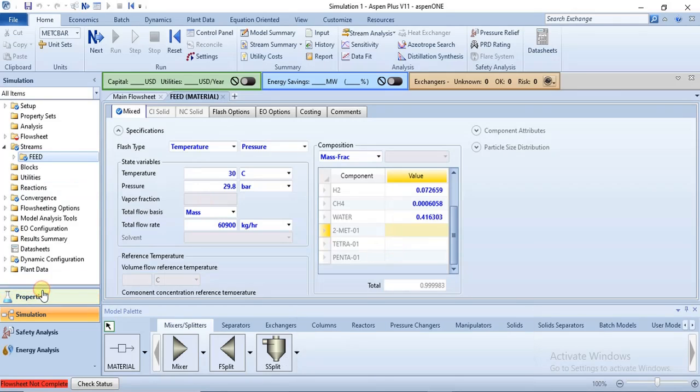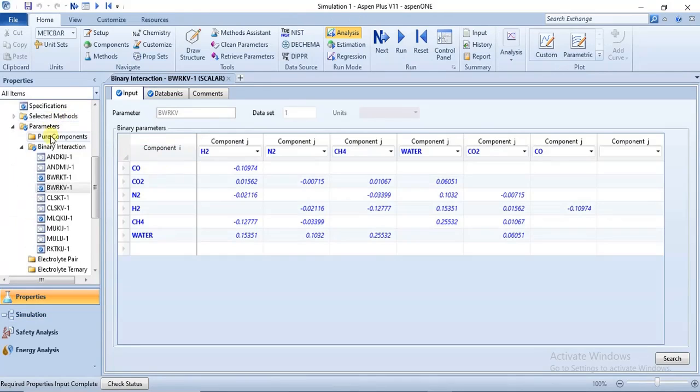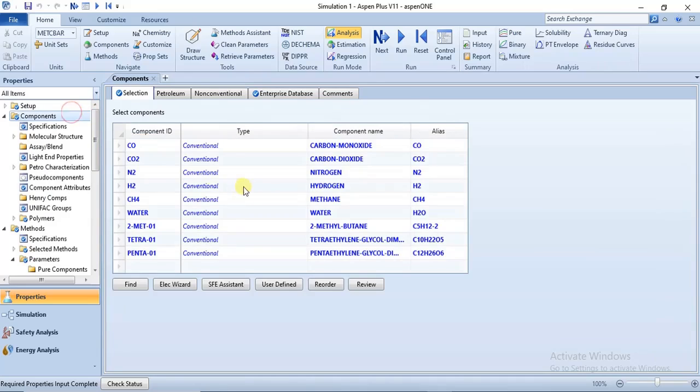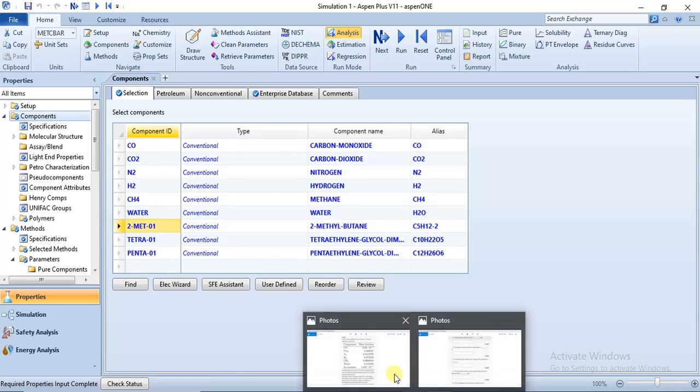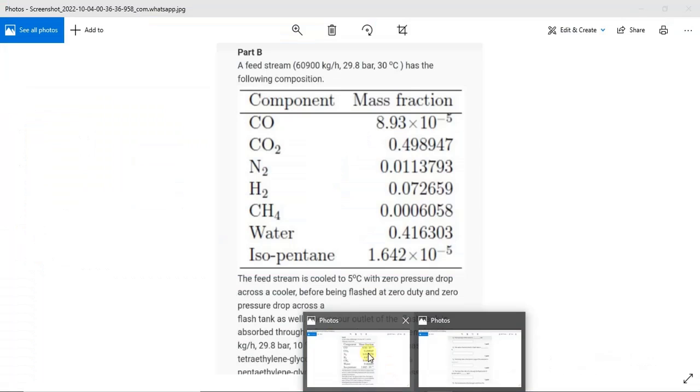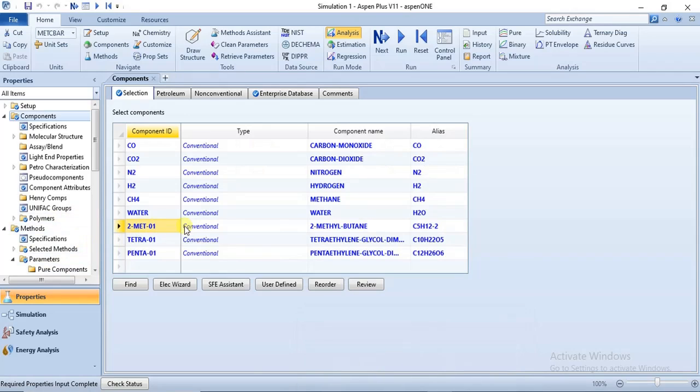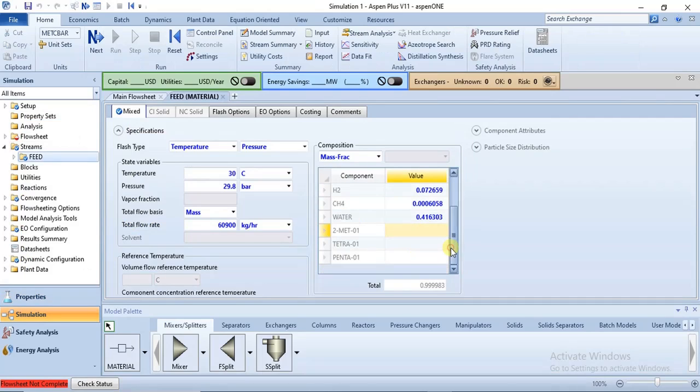So I will go back to the properties environment and add isopentane to the list. Let me see, 2-methyl. Okay, it's already there. That is isopentane, 2-methylbutane. So we can continue. It's there, then we can add it.